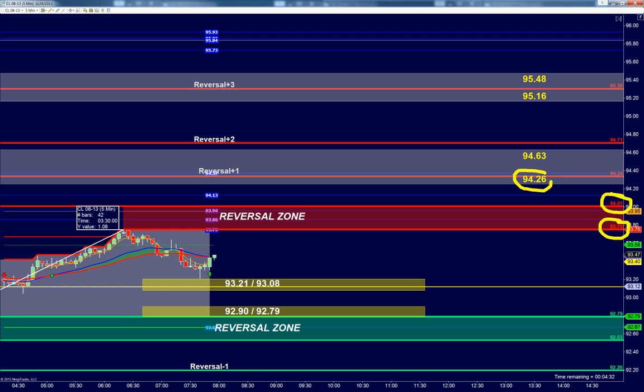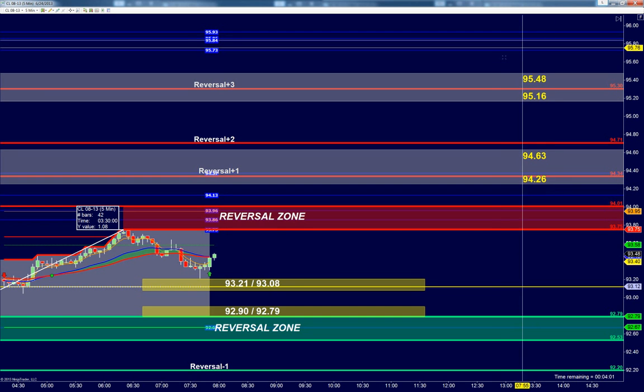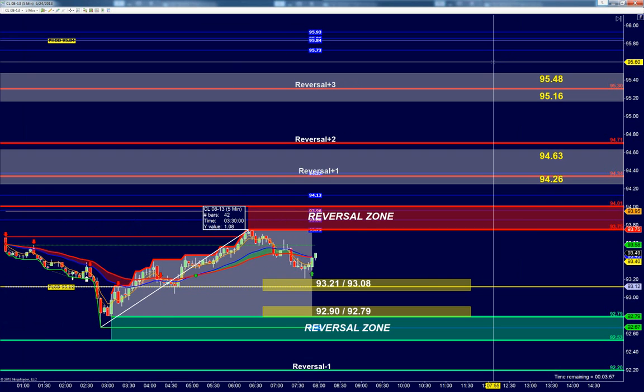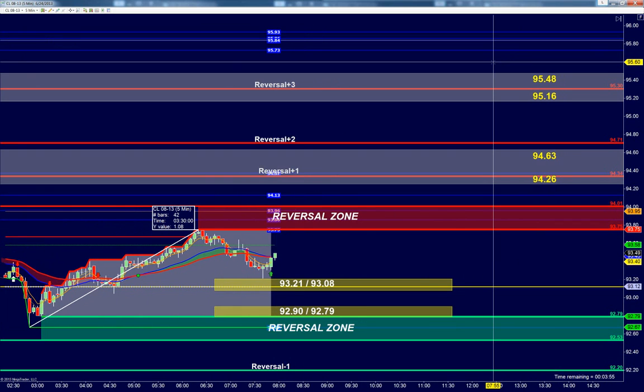I've got 94.26, 94.34, 94.63. I got 71s, and of course 95s, 95.16, 30s, and 48s before we run all the way up to the previous high at 95.84. That's the previous high of day up there. I think it is. Yep, 95.84. So you can see, boy, lots of resistance levels overhead.